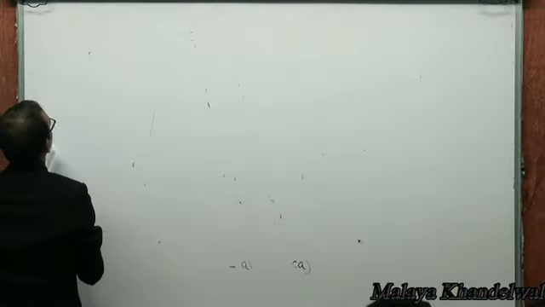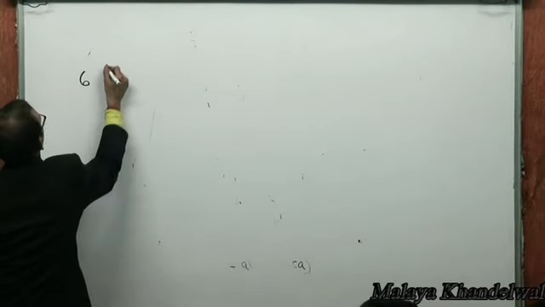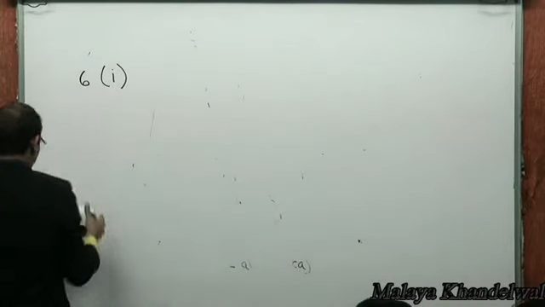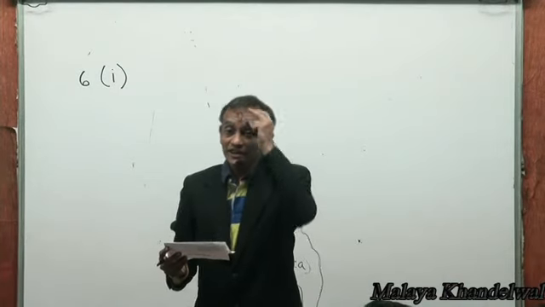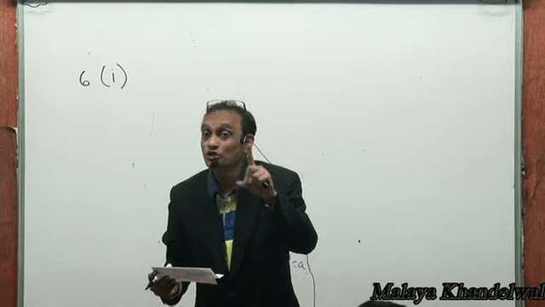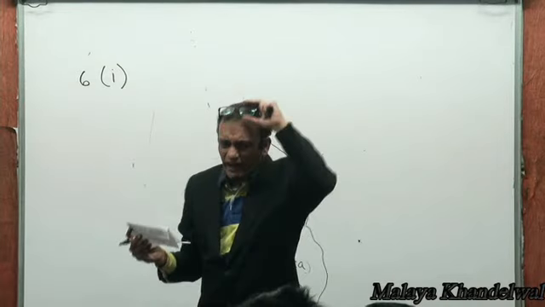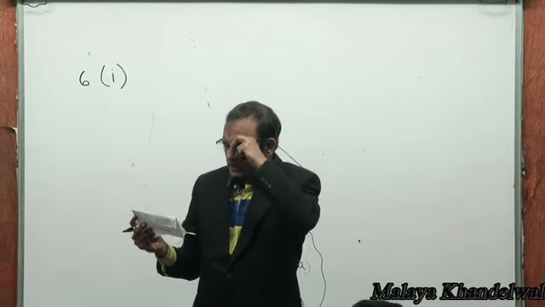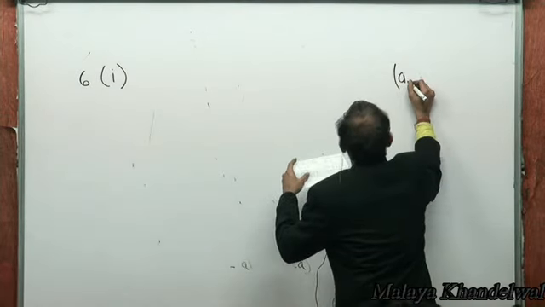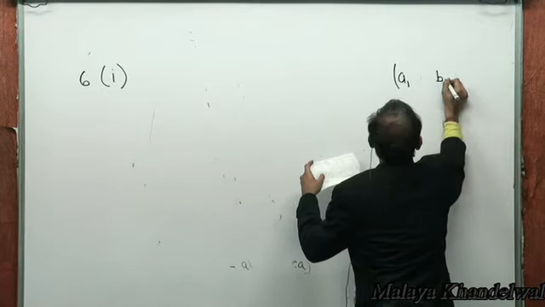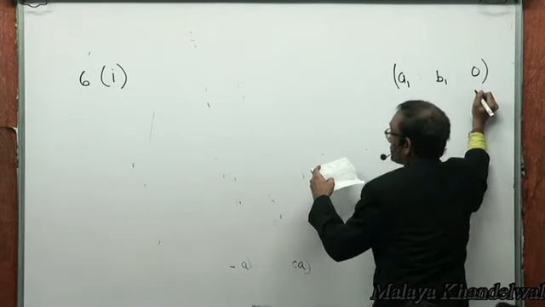6, part 1. Again, the idea is to be able to express this as a product of two determinants. Look at the first column, for example. It's the inner product of A1, B1, 0, first column.